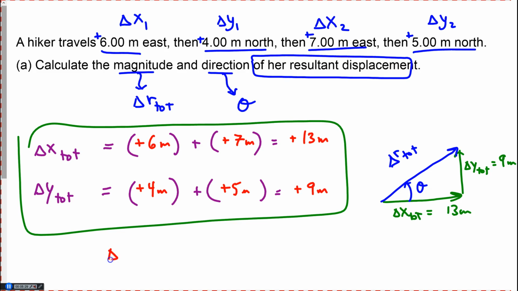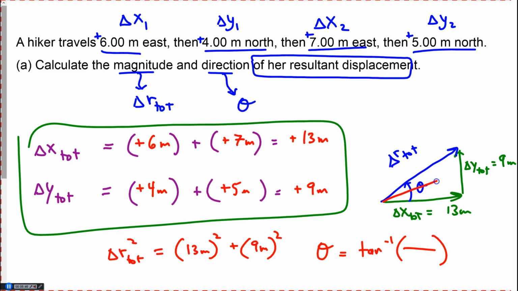We find the magnitude using hypotenuse squared equals adjacent squared plus opposite squared, and you solve. And you find the direction, theta, using inverse tan of opposite, that's the 9, over adjacent, the 13. And then you make sure you find the value, and the direction, theta, also has to include that north of east thing. So that's how you solve these problems.